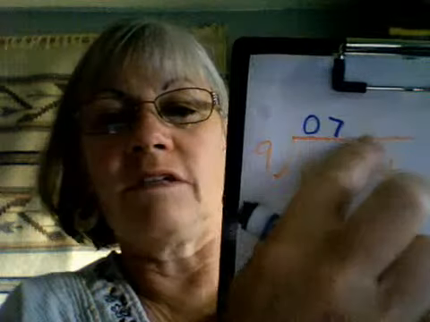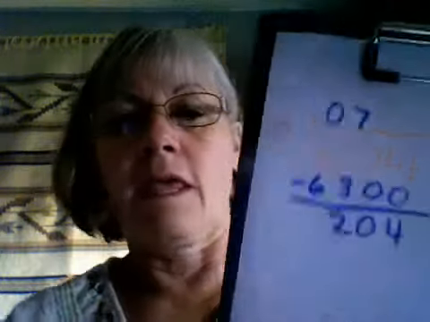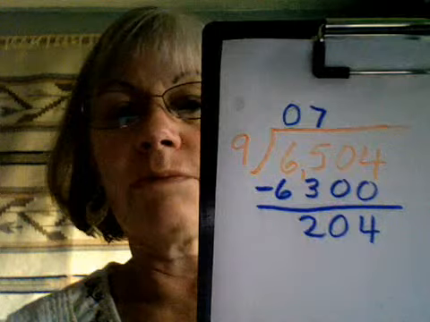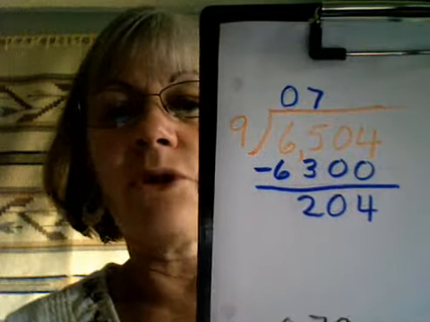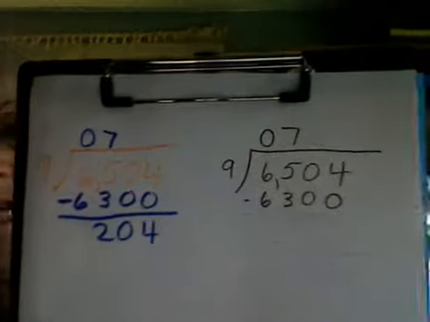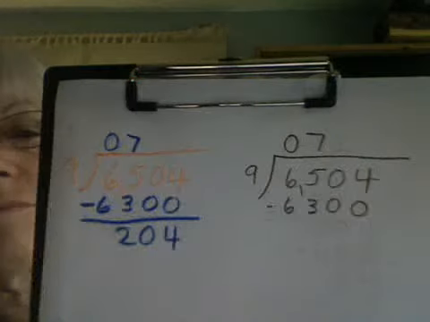I know that 7 times 900 is 6,300, which we will now subtract from the 6,504 because we have already put those 6,300s into 9 equal groups. And that leaves us with 204 left to divide into equal groups. And we'll see right here that I've shown that first step is already done.